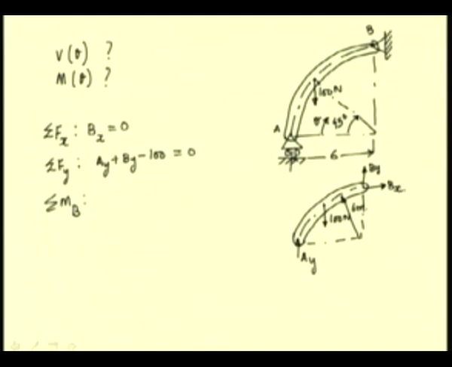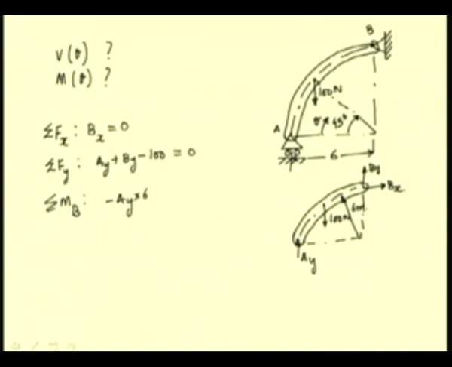So, the moment arm of this reaction Ay is 6 meters, and this causes a clockwise moment about B. So, we have minus Ay times 6, which is the moment arm.